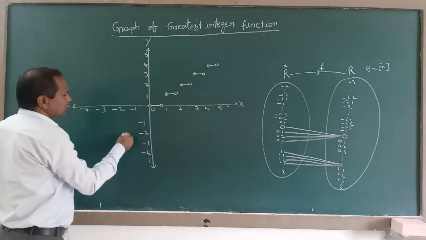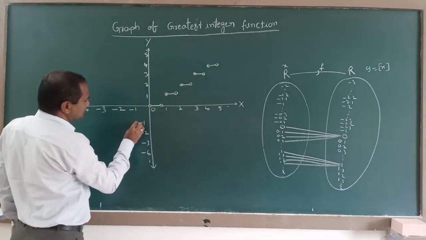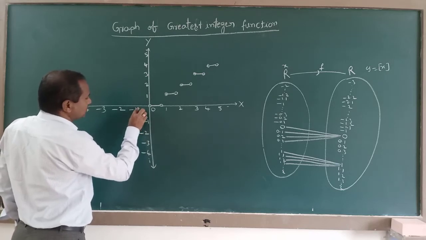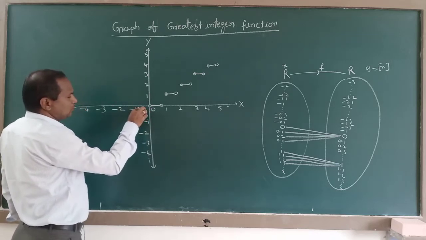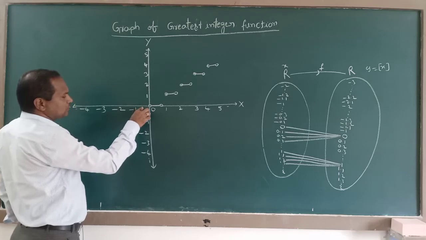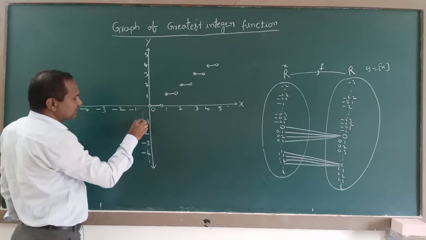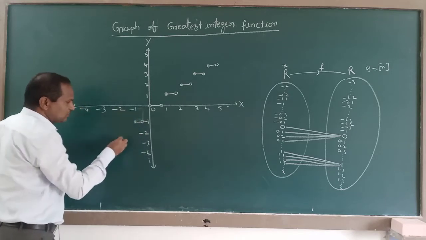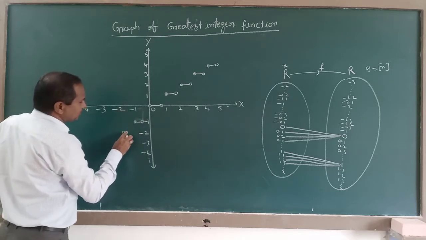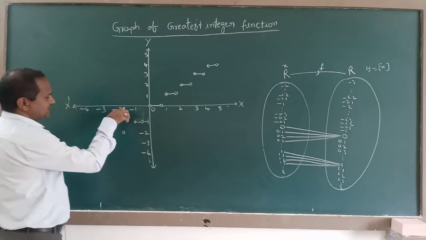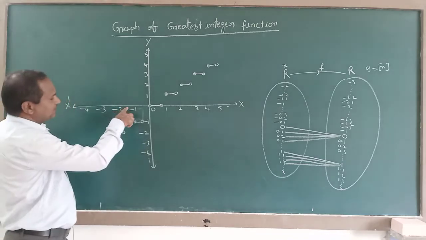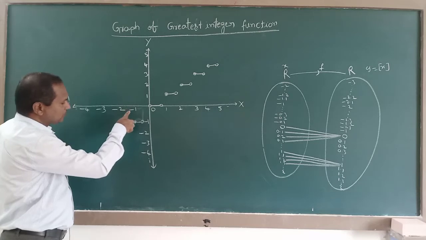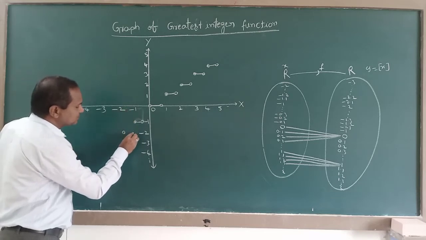Here also minus 1 to 1 exact. Remaining values are here: minus 0.1, minus 0.3, minus 0.5, to all these the function value is minus 1. Minus 2 to minus 1 exact; minus 1.2, minus 1.3, minus 1.5, to all these the function value is minus 2 only here.